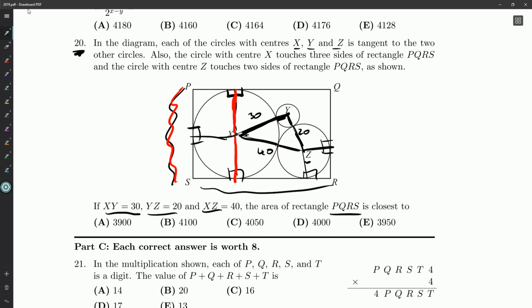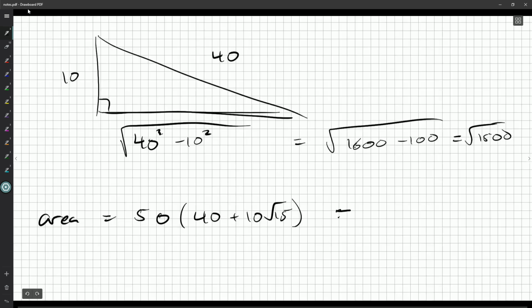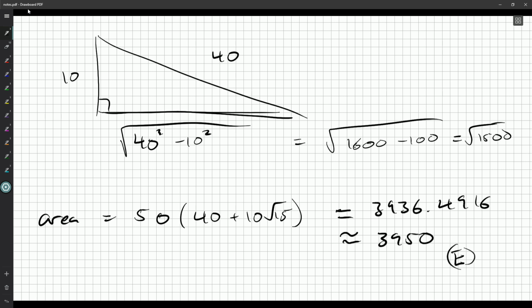I'm getting 3,936.4916, and that's closest to 3950, which is an answer of E. And there we go. So that's question 20.